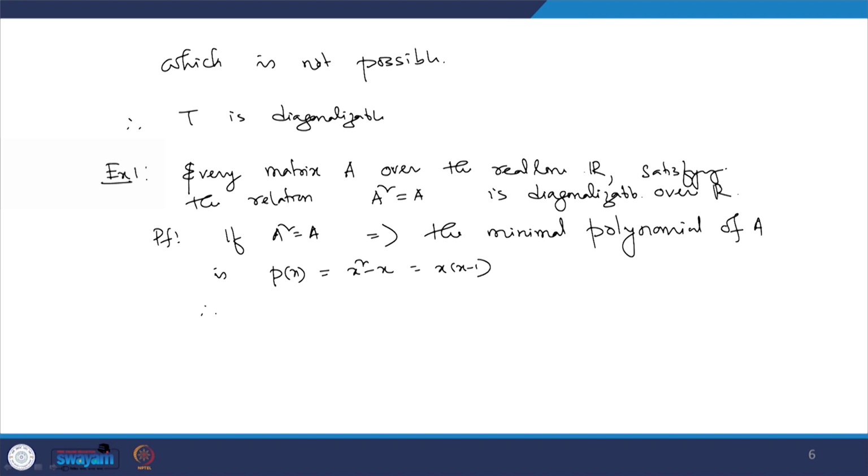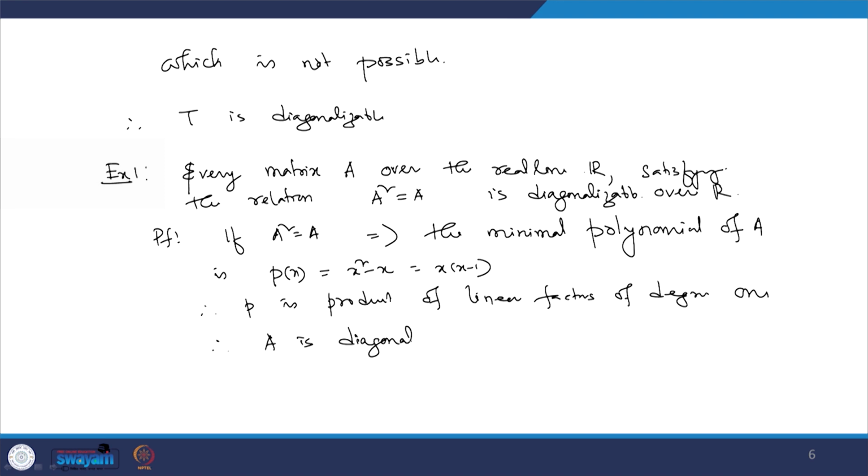So P is a product of linear factors of degree 1. So, according to the last theorems, A is diagonalizable.